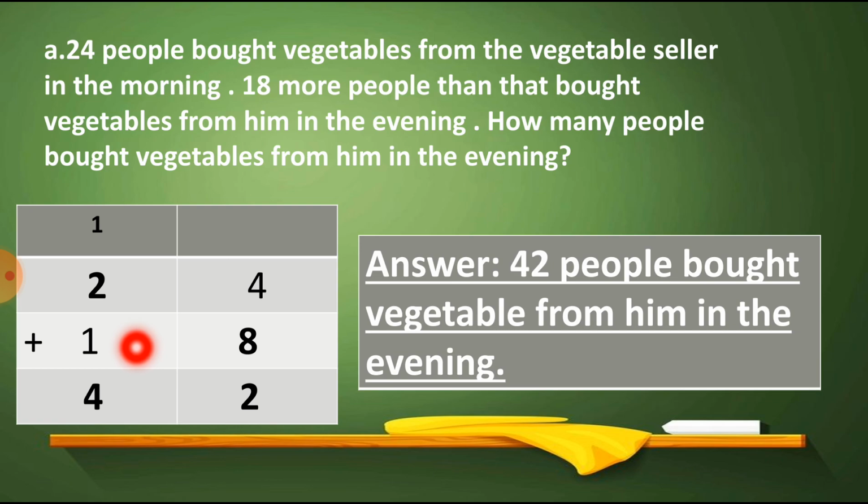So in total how many people bought the vegetables from the vegetable seller? I have to add the numbers. This way the answer will come, which is 42, and in sentence form we have to write down the answer this way: 42 people bought vegetables from him. This way we have to write down the answer.